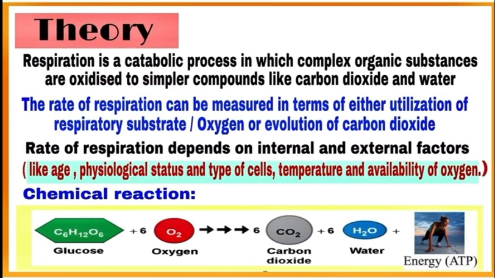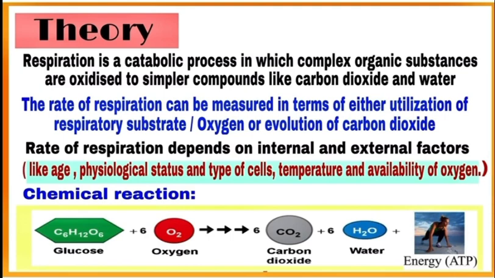Also rate of respiration depends on internal as well as external factors. Some internal factors are like age, physiological status, types of cells and some external factors are like temperature and availability of oxygen. They control the rate of respiration. Check the chemical reaction involved in the process.